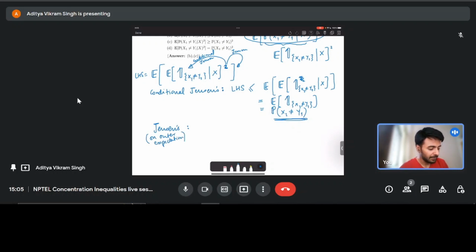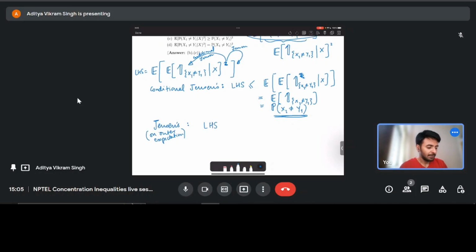In this case the inequality would be reversed, because we are taking the square outside.